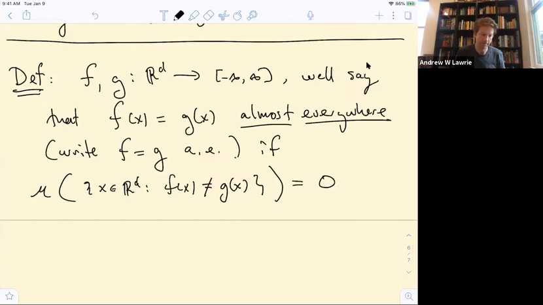So in general, almost everywhere we'll refer to except on a set of measure 0.